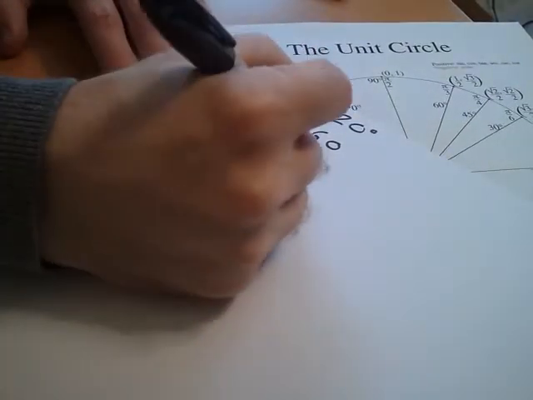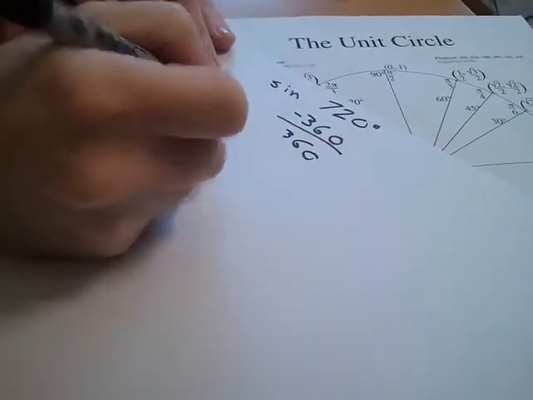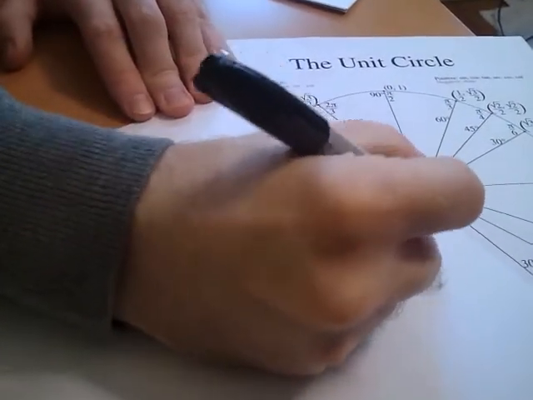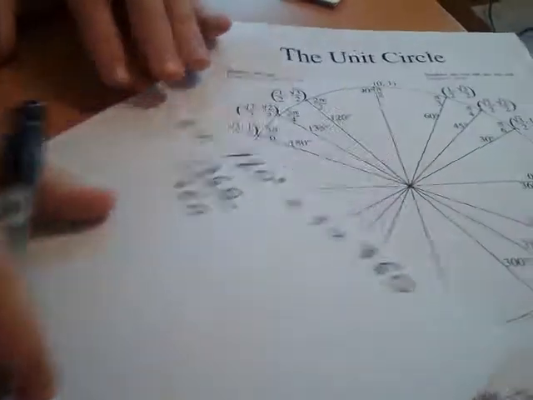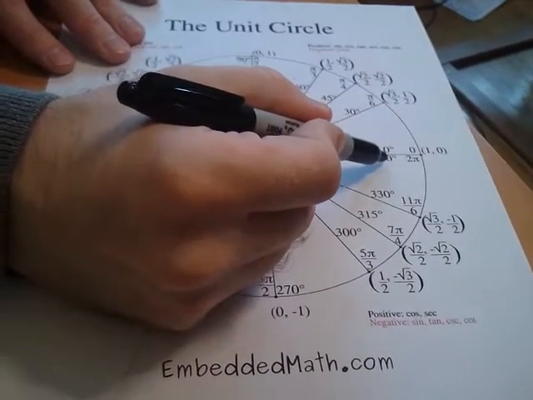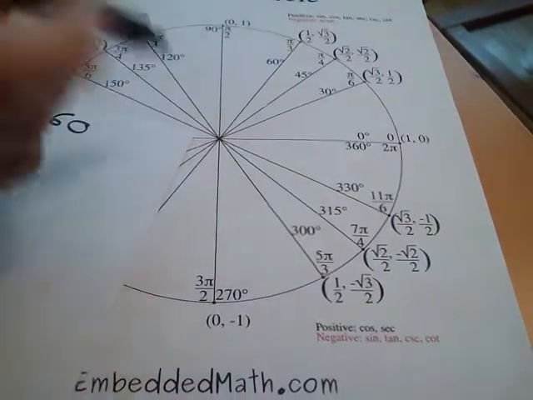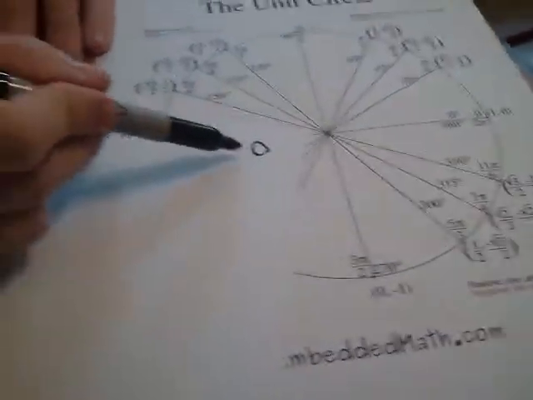We take 720 and we subtract 360, we're left with 360. So the sine of 720 is the same thing as the sine of 360. And 360 is on our unit circle. And we see our y-coordinate here. It's 0. So the sine of 360 is just going to be 0.